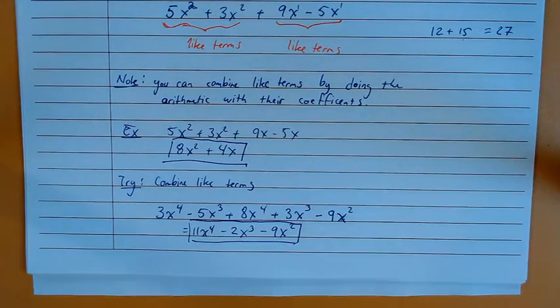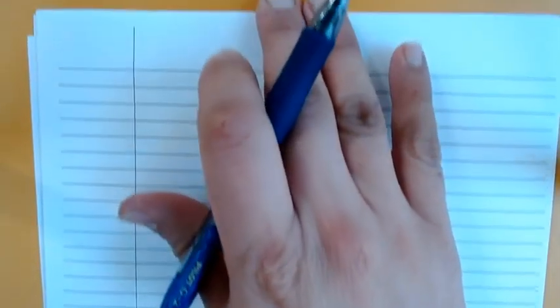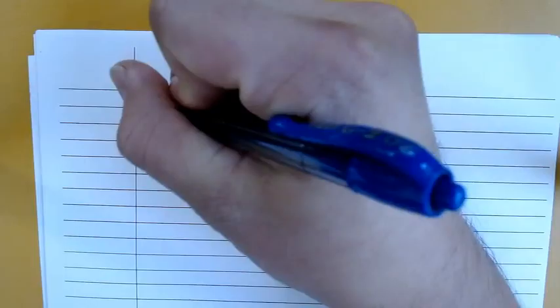Like that. Should your numbers be decimals or fractions? None of that changes. And should your variables include multiple types of variables, not just x's, but maybe x's, y's, and z's, again, none of this really changes.